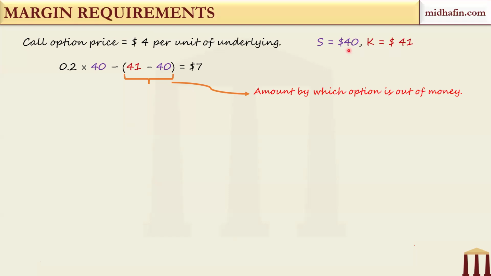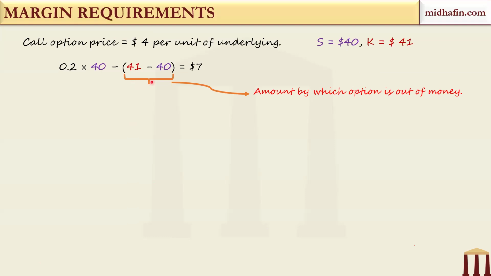By how much it is out of the money is actually kind of a safety margin, because the more the option is out of the money, the better it is for the short position, right? So that is why we subtract this amount. The short position, of course, will not want more and more money to be given to the exchange.